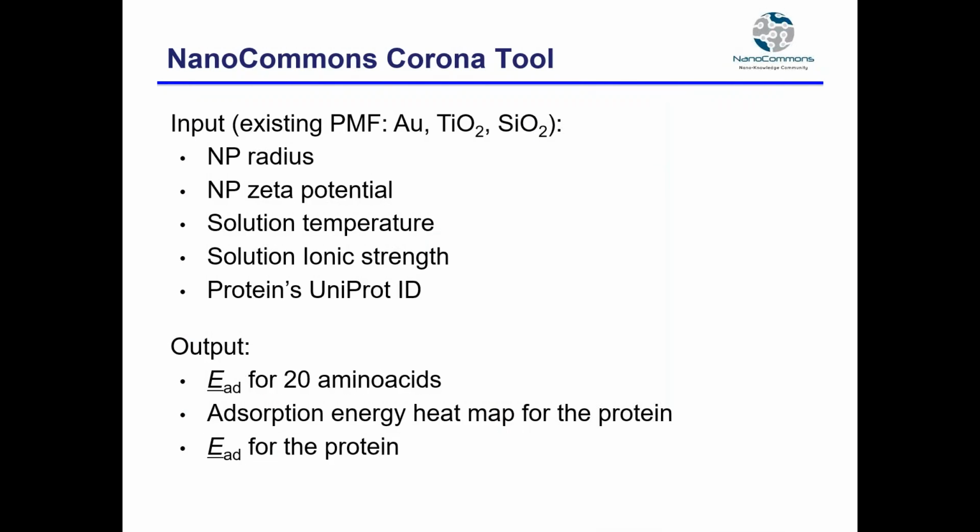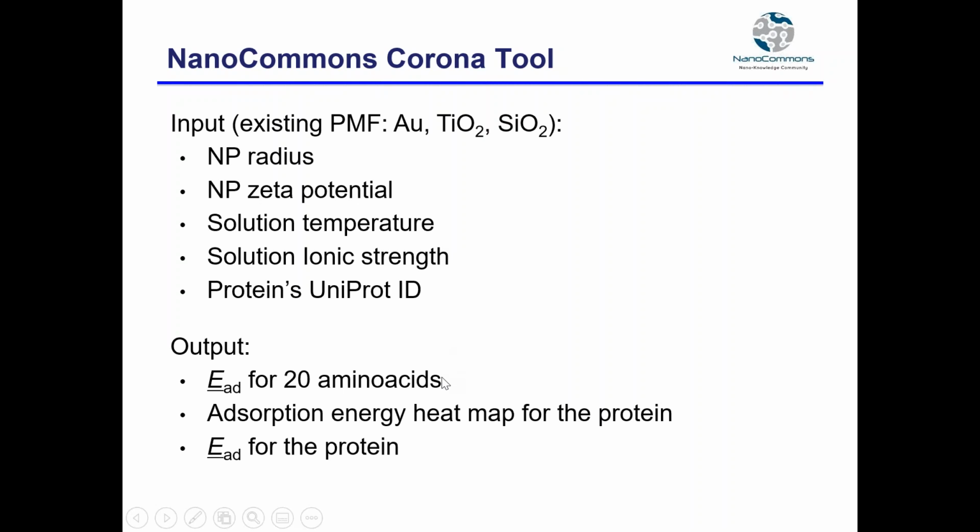So finally, to wrap up, for the tool, what is needed from the user is to pick a material first. It could be gold, titanium dioxide, or silicon dioxide, quartz or amorphous at this point. To give nanoparticle radius, nanoparticle zeta potential, solution temperature, solution ionic strength to calculate the screening, and give protein UniProt ID.